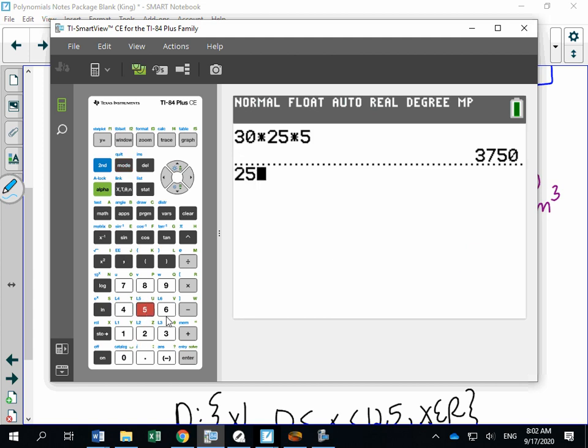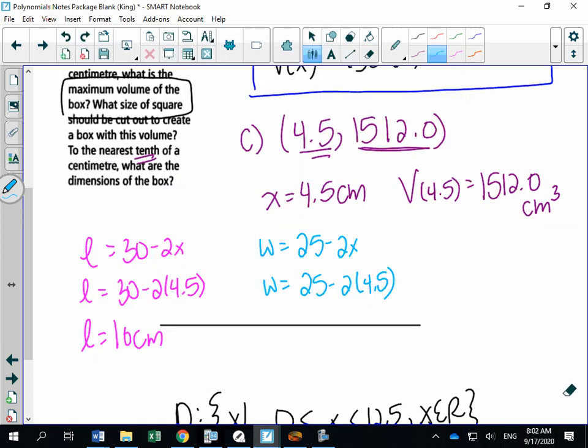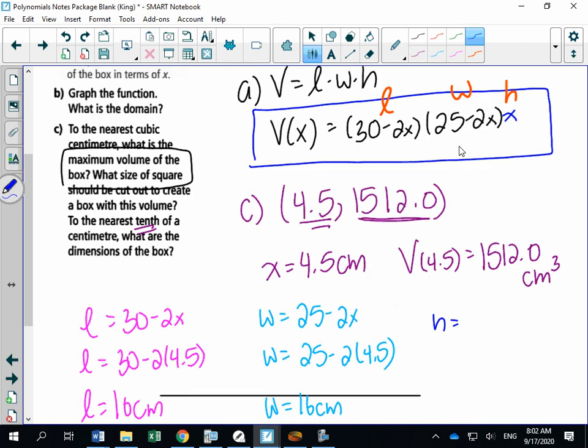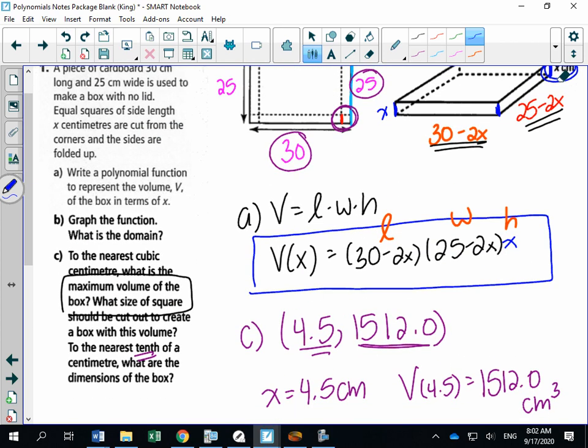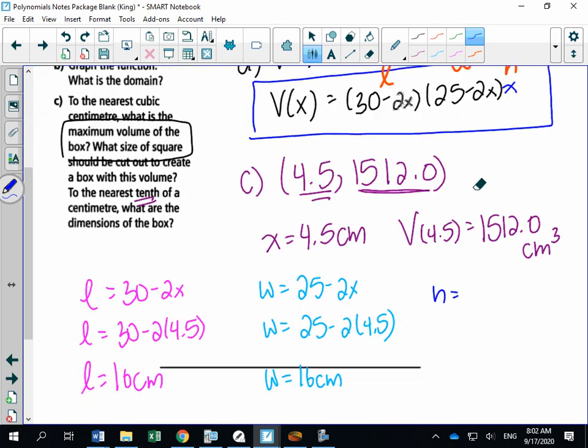So 25 minus 2 times 4.5, we are going to get 16. So the width of this is going to be 16 centimeters. And the height of the box, if I go back up here, the height of the box is just x, right? So x is 4.5.